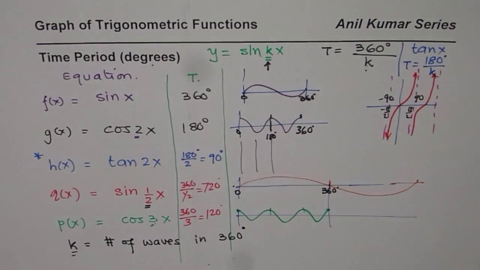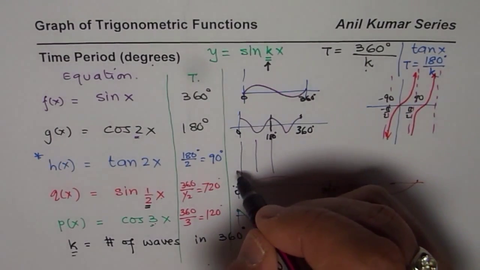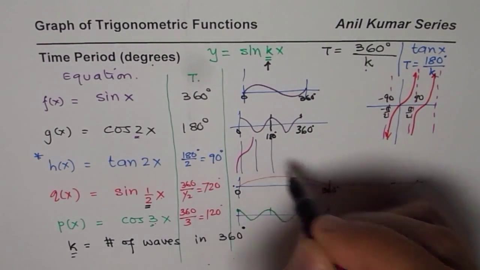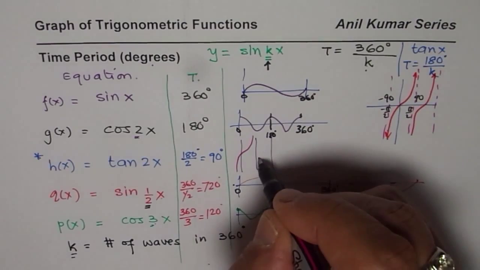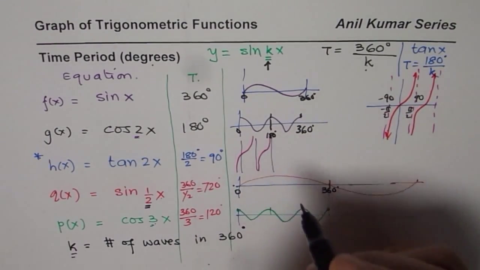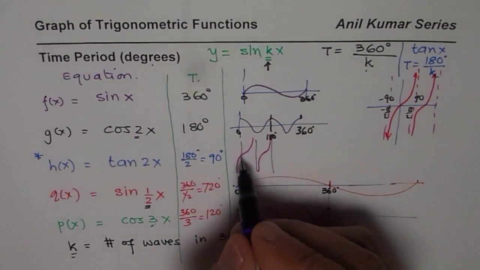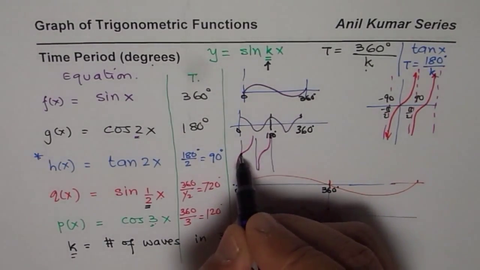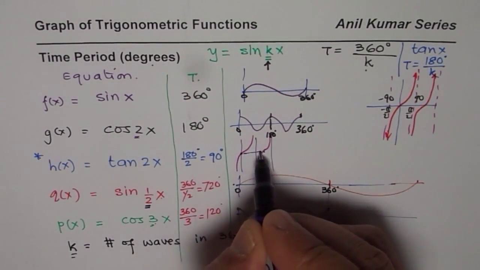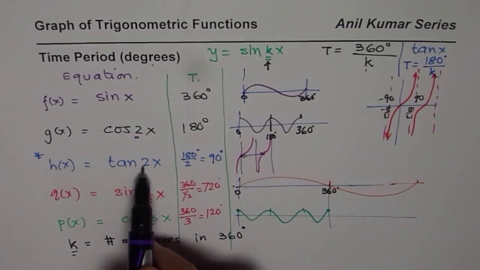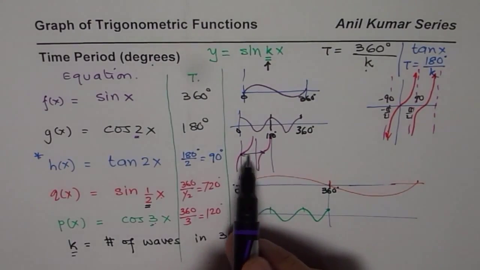okay, so let me sketch them. It's good to sketch kind of like this because, okay, the time period from this place to this place will be 90 when we are talking about tan 2x between one wave.